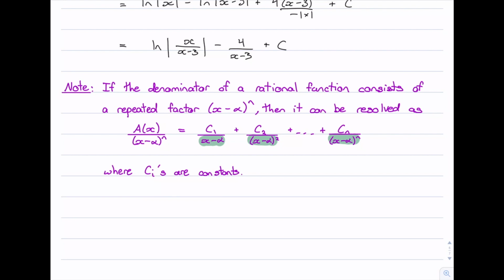We start with a power of 1, then a power of 2, and then 3, and so on, all the way up to the power n, whatever the amount of repetition is in our original function. The other important thing to note is that the numerator is always just a constant. So we have c1, c2, c3, all the way up to cn, and that's always just a constant. What's really beneficial about this is that we don't have to deal with linear numerators or even quadratic numerators. It's always just a constant.